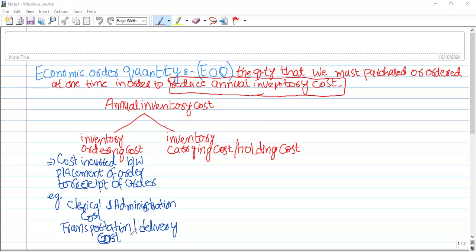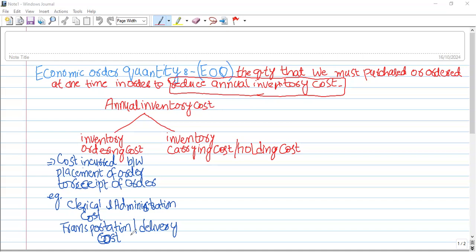Now, next is inventory carrying and holding cost. Inventory is received at our warehouse from the supplier. The next cost is inventory holding cost, the warehouse or raw material storeroom cost. It includes the cost of the storekeeper's salary, insurance of the material, and the risk of obsolescence.